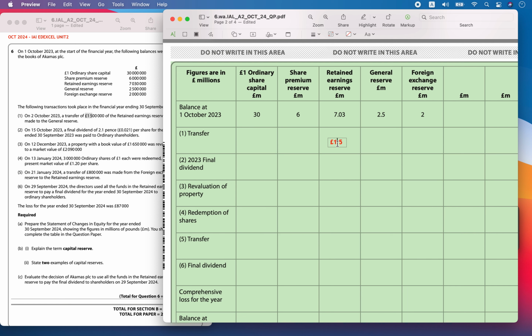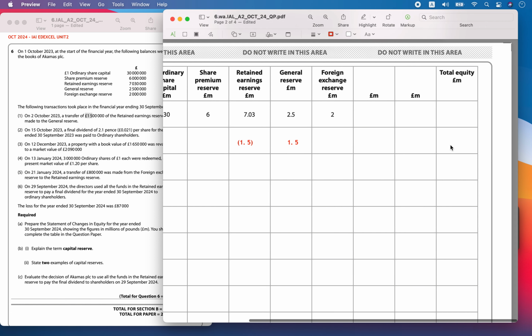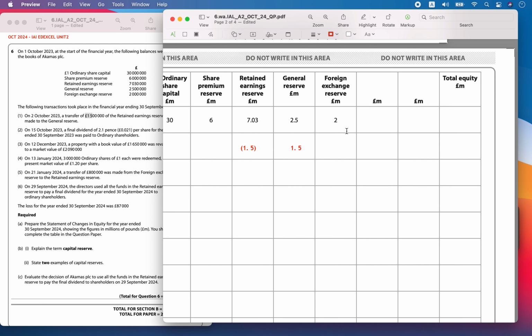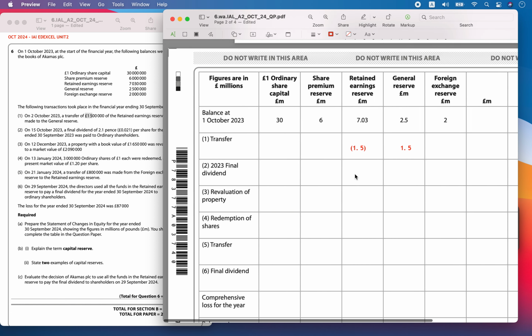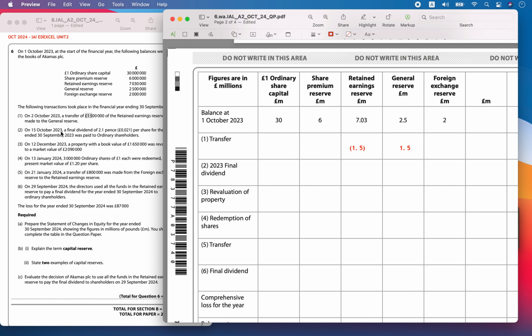I'm going to deduct 1.5 million from the retained earnings and put it in the general reserve account. So there is no change here. It will not affect the equity statement, because you are just transferring from the retained earnings to the general reserves.